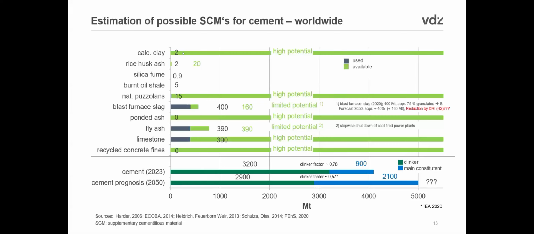And there are calcined clays, for example, which have a high potential. And then we have natural puzzolanas. These materials have some activity by themselves, and they can help to substitute the clinker. I will not go through all of these here, but this is the slide that shows you that we have a potential to really substitute clinker and reduce CO2 emissions.